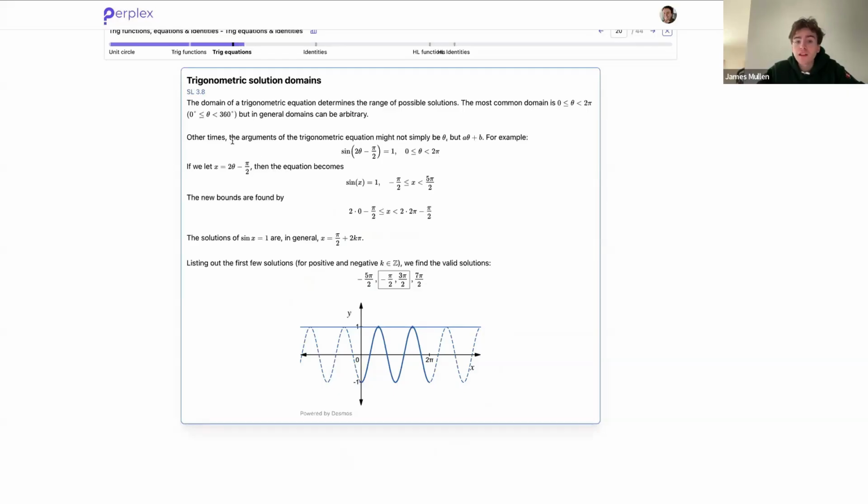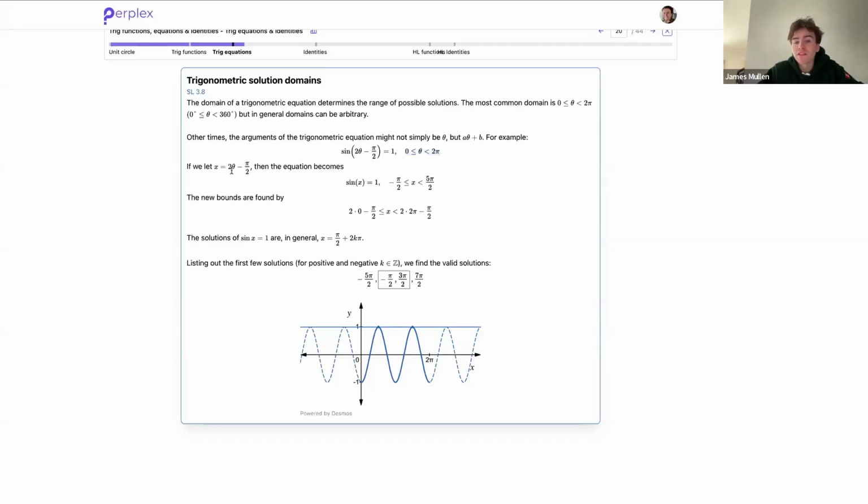Other times, the arguments of the trig equation might not simply be theta, but something like a times theta plus b. So, for example, you might be told that sine of 2 theta minus pi over 2 is equal to 1. And now what's inside the function is no longer theta, which makes it difficult because we're told the interval for theta. So theta is between 0 and 2 pi inclusive.